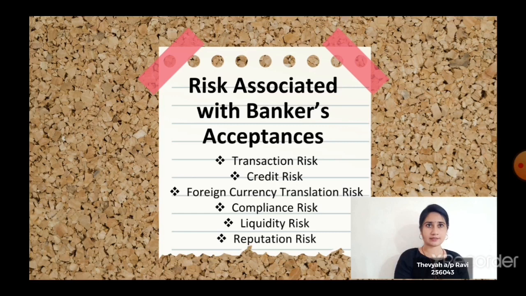Liquidity risk is the current and prospective risk to earning or capital arising from a bank's inability to meet its obligation when they come due without incurring unacceptable losses. Last, reputation risk is the current and prospective impact on earning and capital arising from negative public opinion. These are the 6 risks associated with bankers' acceptance.